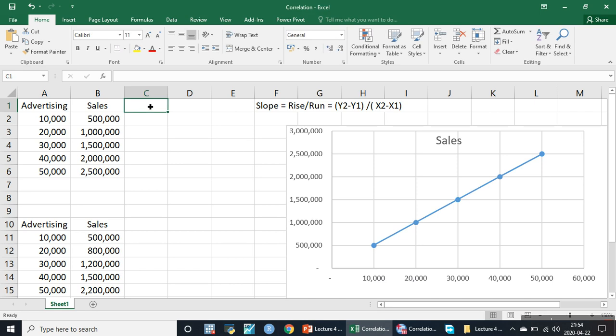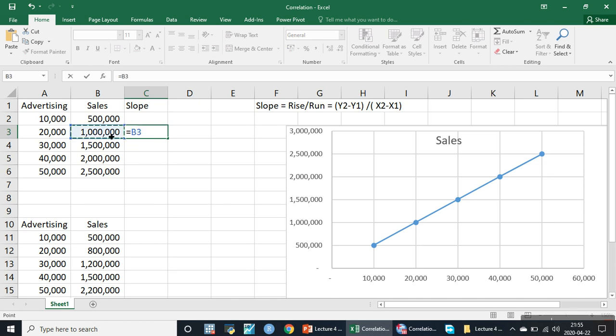Slope: there will be no value in the first row, and in the second row, equal, rise over run, y2 minus y1.